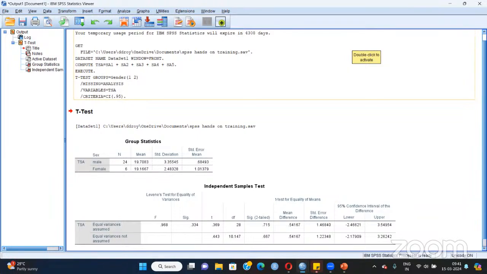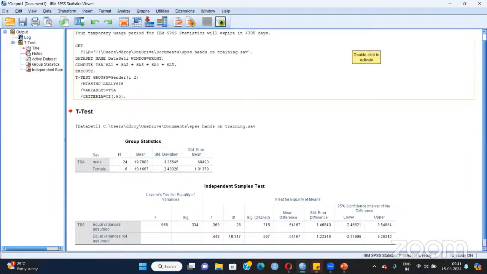And when I have tested the independent t-test, there I have noted that though the mean wise there is a difference between the two groups, actually there is no significant difference. It is 0.715. Okay.